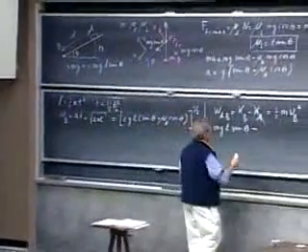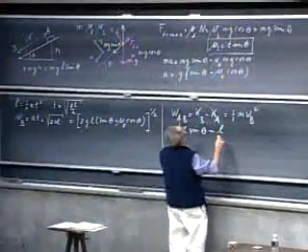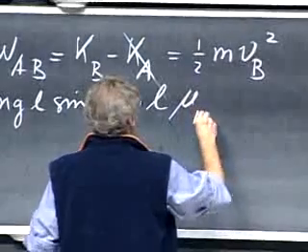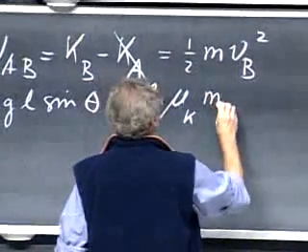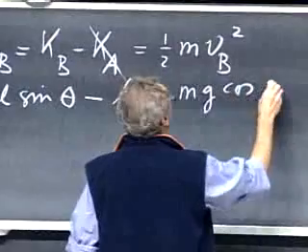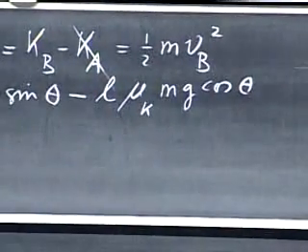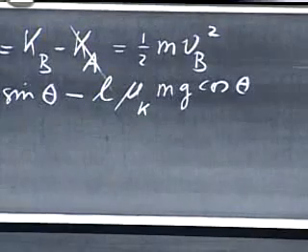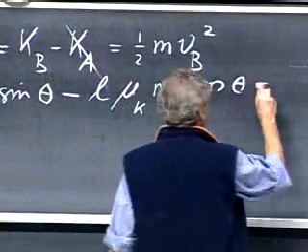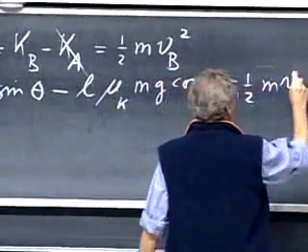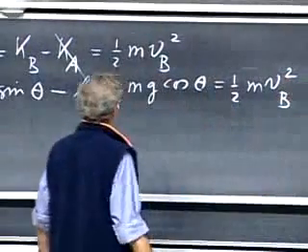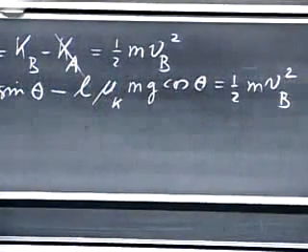And so I get L times the frictional force, which is mu k mg cosine of theta. So that's the negative work done by the friction, and this equals 1/2 m vB squared. And I lose an m.